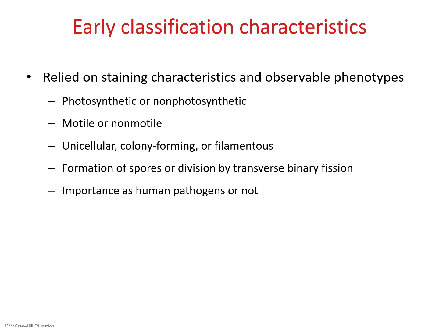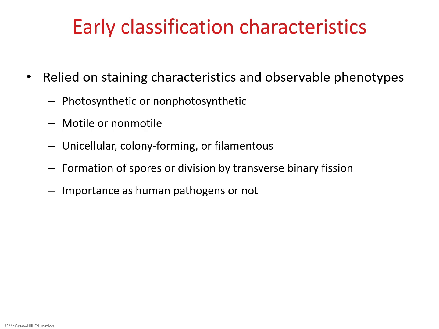The phenotypic characters include finding out if these organisms are photosynthetic or non-photosynthetic, motile or non-motile, unicellular, colony forming or filamentous, formation of spores or division by transverse binary fission, and importance as human pathogens or not. So these are some of the observable phenotypic characters.